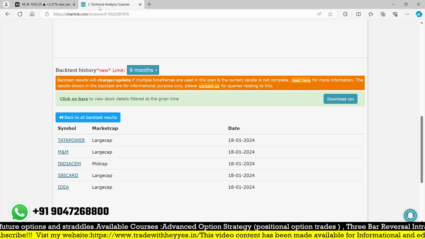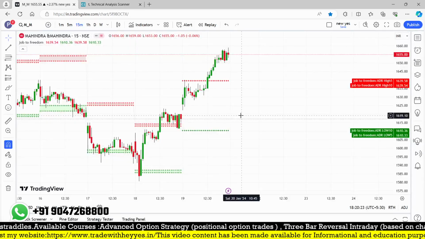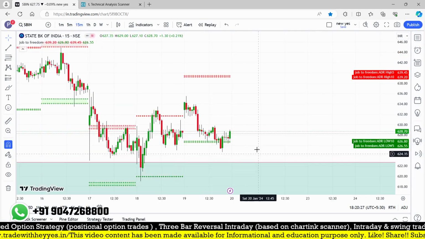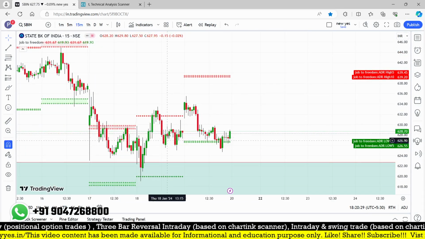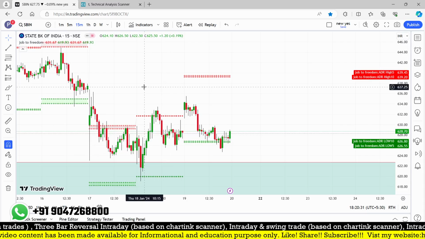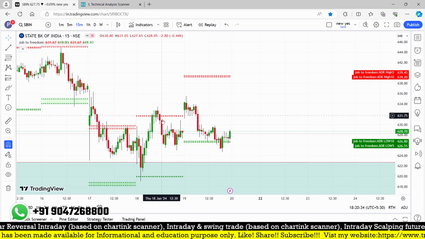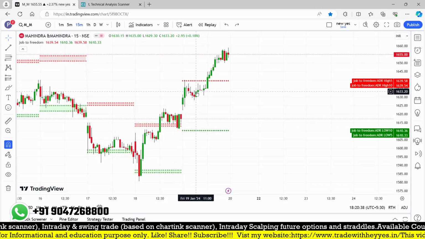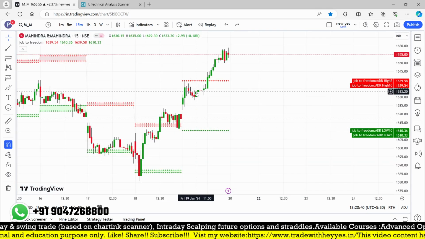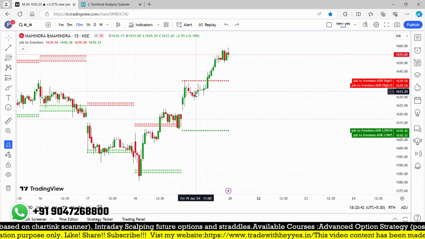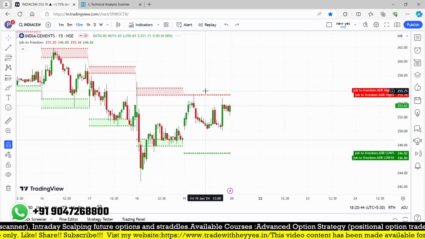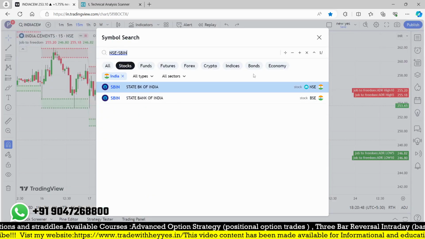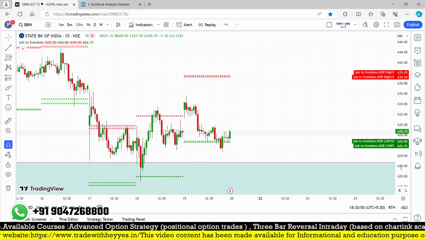And one more stock, SBI Card and Idea are low value stocks, simply ignored. And what happened in SBIN? I think yesterday it was very narrow and it gave you the breakout, but it is still on the price. That is about today. Okay, so SBIN, how did it come into the scanner?